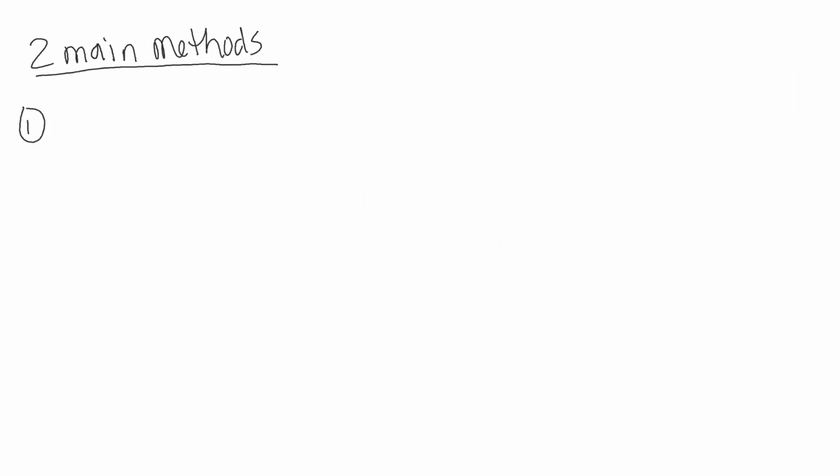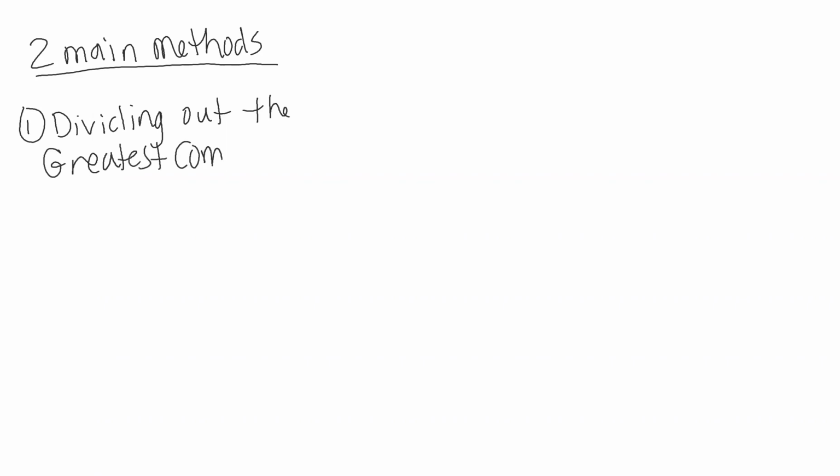The first method is factoring out, or let's say dividing out. I think that'll be easier to understand. So the first method is dividing out the greatest common factor. Or it's very commonly known as just the GCF.